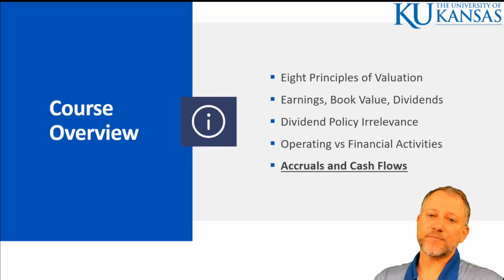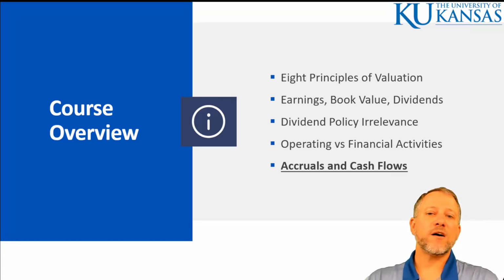Once we learn how to reclassify the financial statements into operating and financial activities, that also allows us to decompose earnings into its accrual and free cash flow components. Then we talked a little bit about what you want to use to value the firm and what the role of free cash flows is.